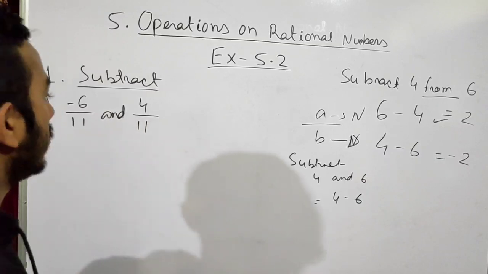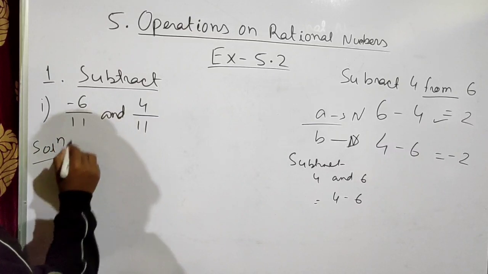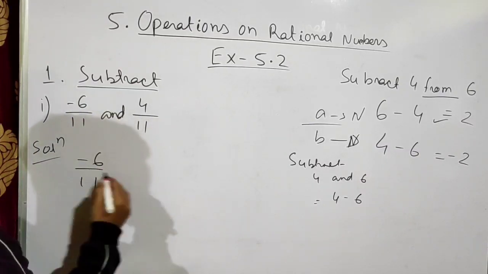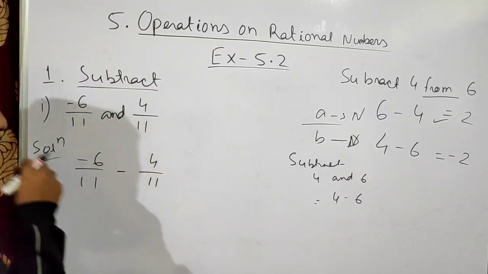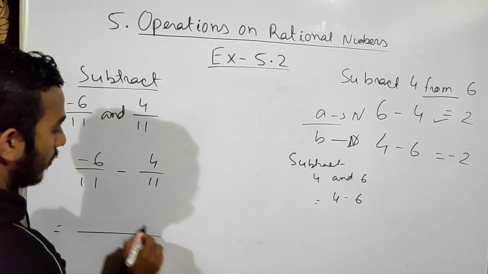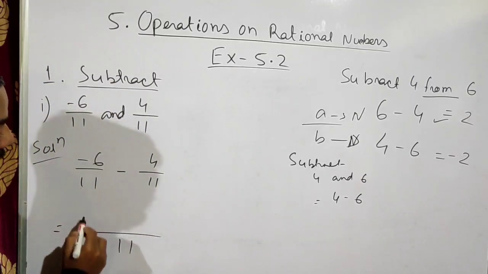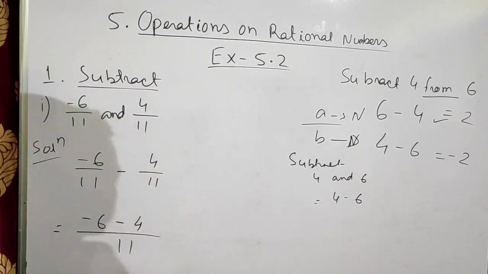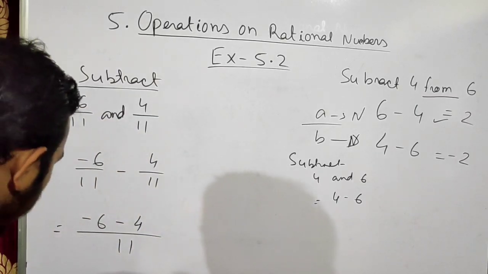Now look here, the denominators are the same. So what to do? Very easy. Just bother about the numerators. So first we have to subtract, isn't it? This one is minus 6, then the subtract sign is minus, then 4 by 11. So let's take the common denominator, that is 11. And in the numerator will be minus 6, then this minus, then that 4. Minus 6 minus 4 over 11.